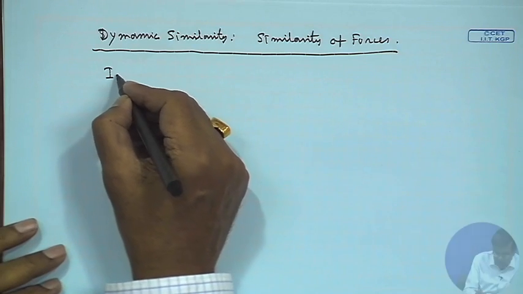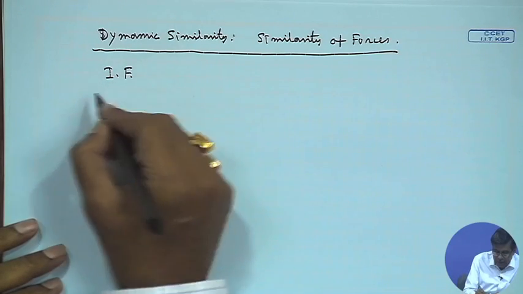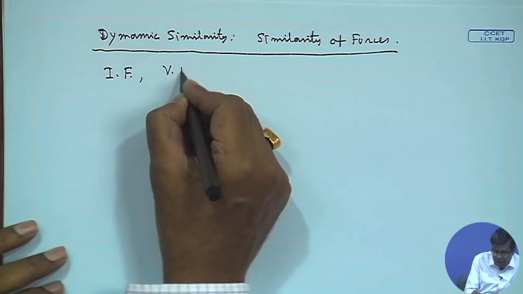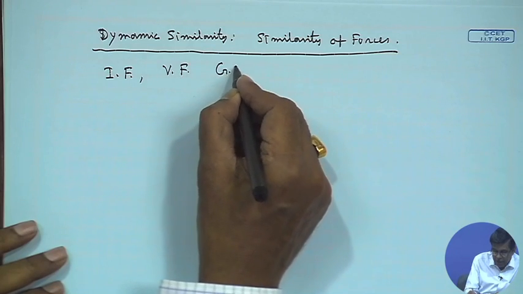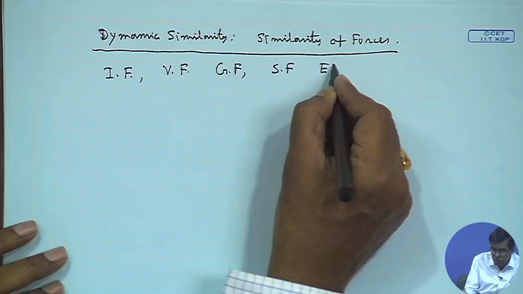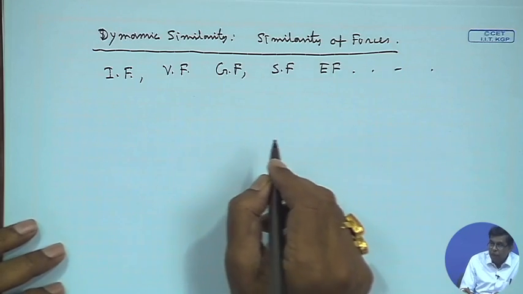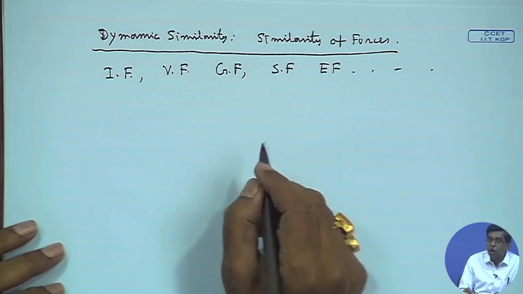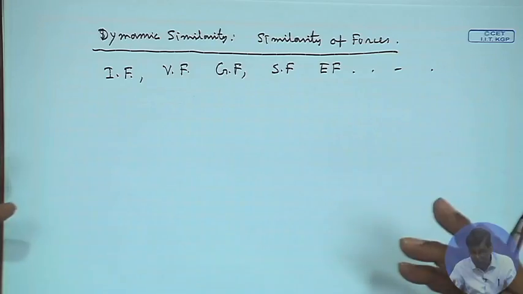Let us consider a few such forces. Inertia force, viscous force, gravity force, surface tension force, elastic force and so on. A particular problem or a particular process may not be governed by all the forces.